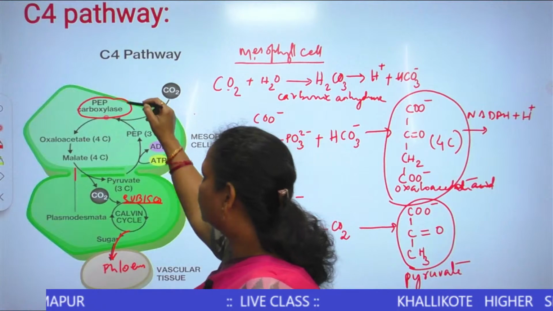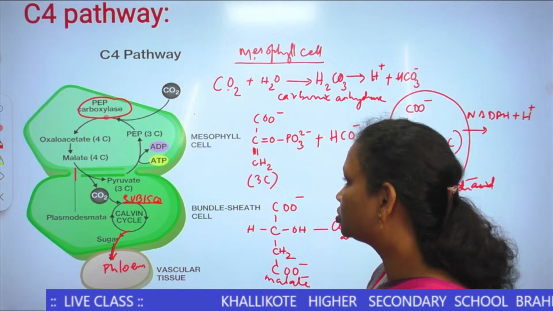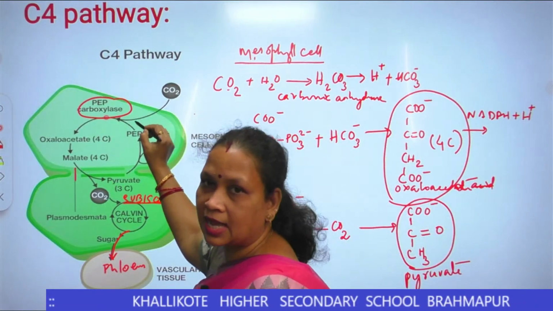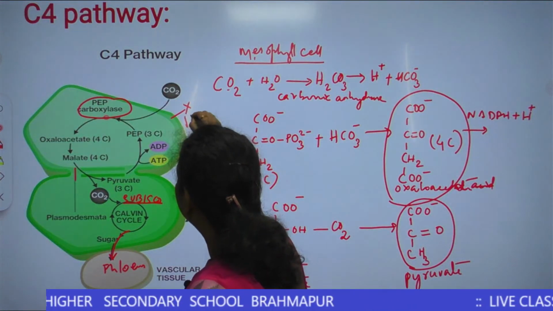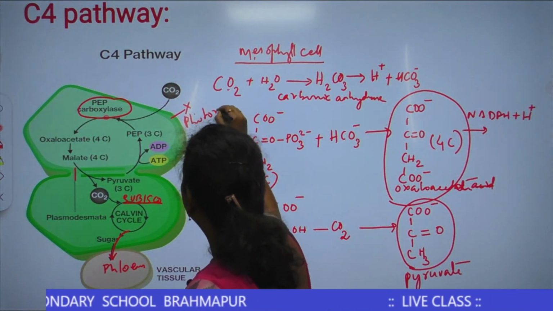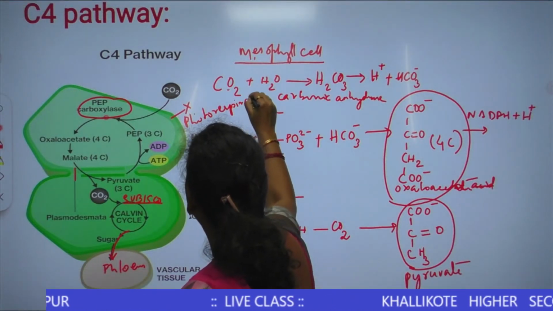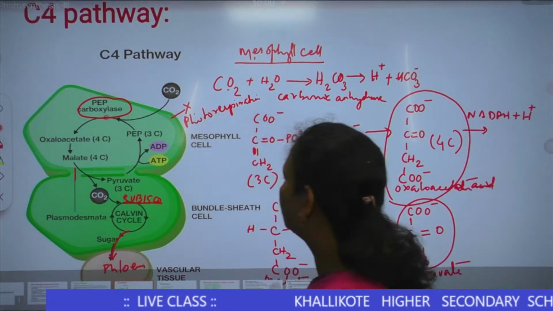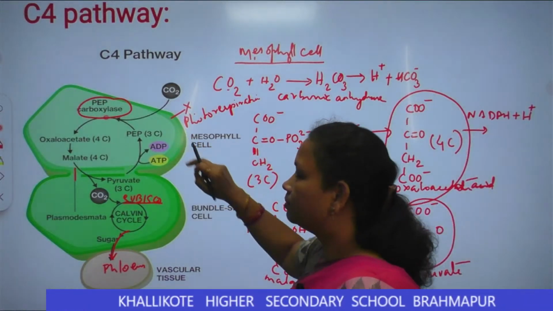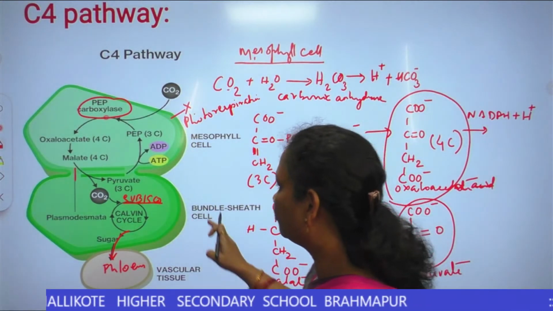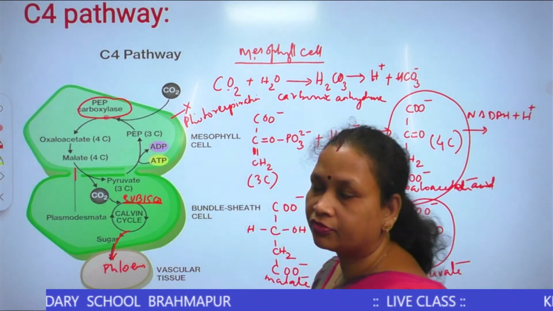And again in the mesophyll cell, the PEP carboxylase enzyme does not have any oxygenase activity. So there will be no photorespiration. So no photorespiration is seen in the case of the mesophyll cell. So here they have prevented the process of photorespiration in the C4 cycle.